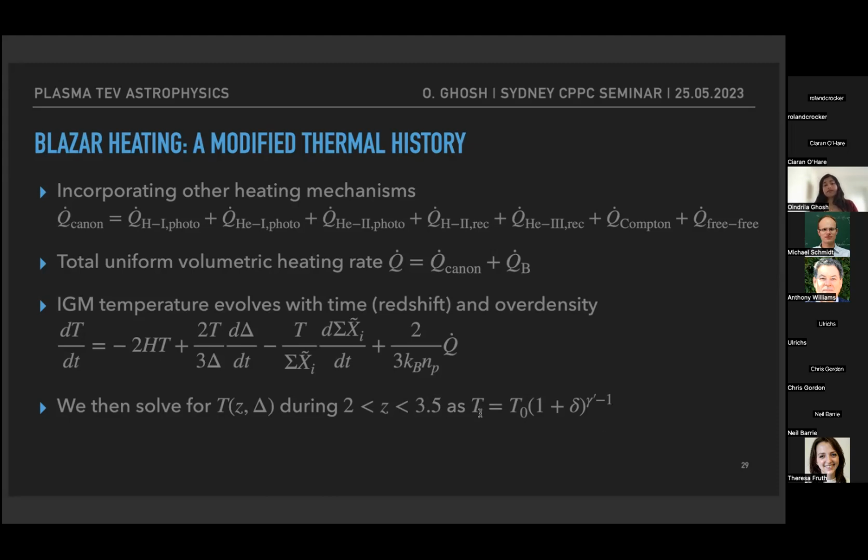T0 is the temperature of the intergalactic medium at mean density, and this delta corresponds to the capital Delta. So you could write, instead of 1 plus delta, just capital Delta here. And this gamma prime is essentially a redshift dependent index.